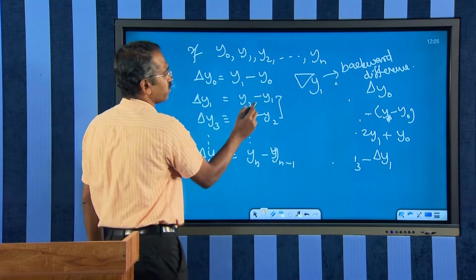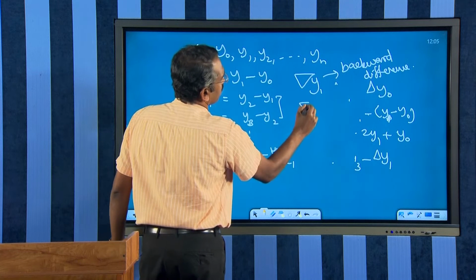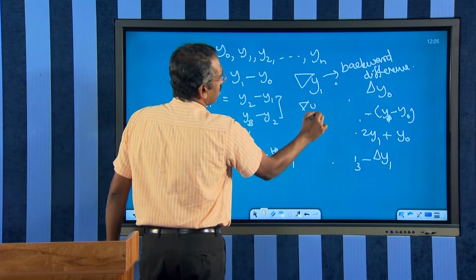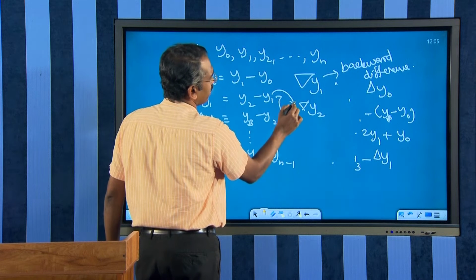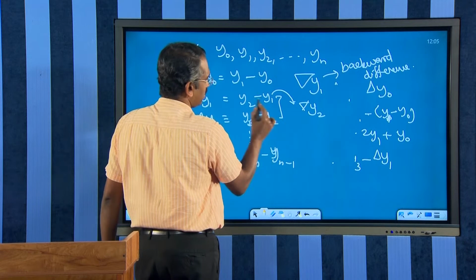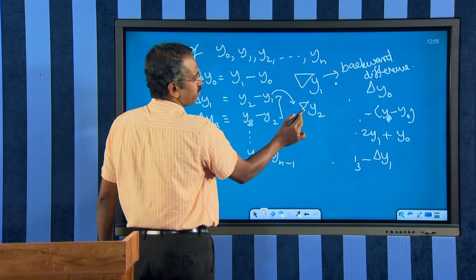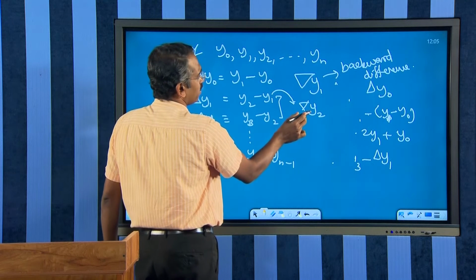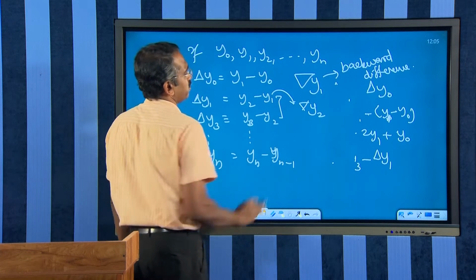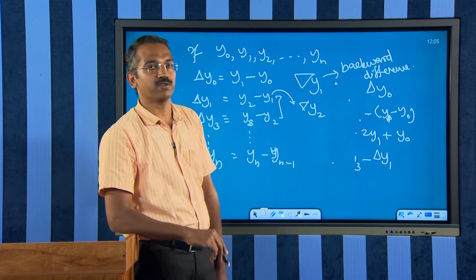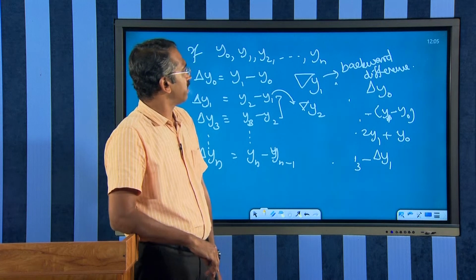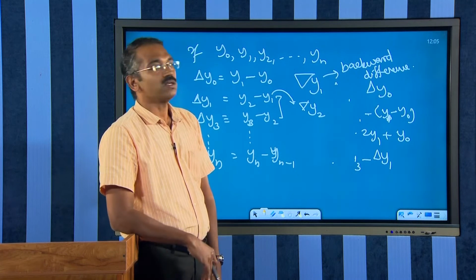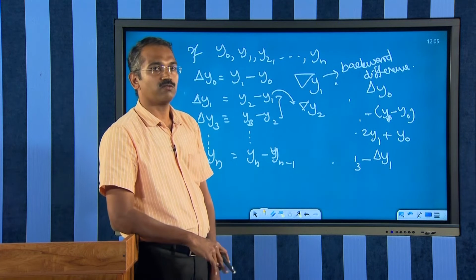This is the second one, that is del y2, y2 minus y1. If we denote this difference y2 minus y1 by del y2, then we will call this difference a backward difference. In a similar manner, we can define any order backward differences for a given data.